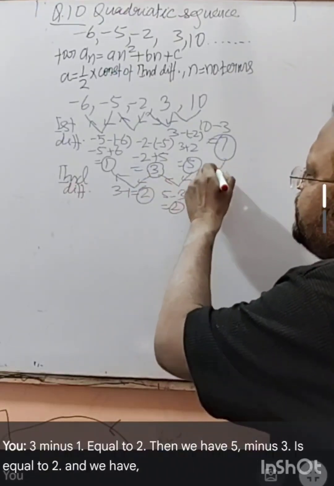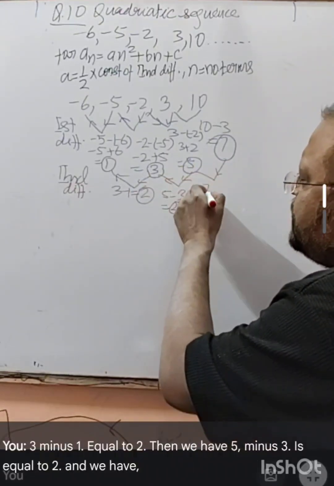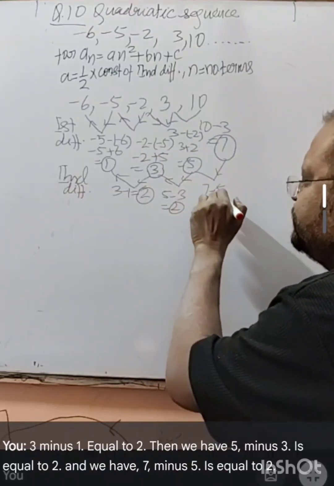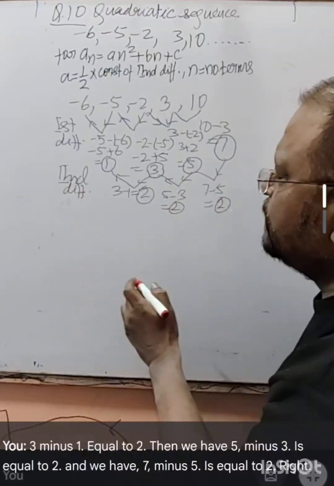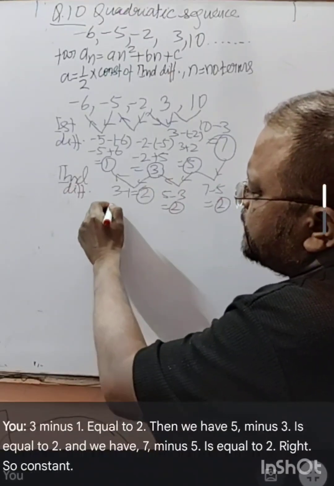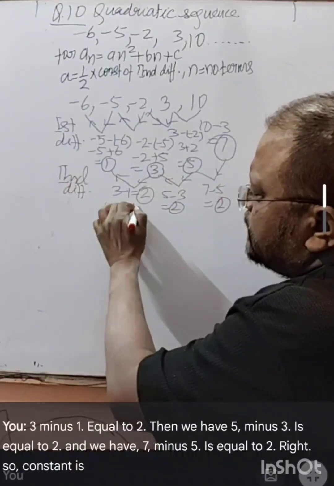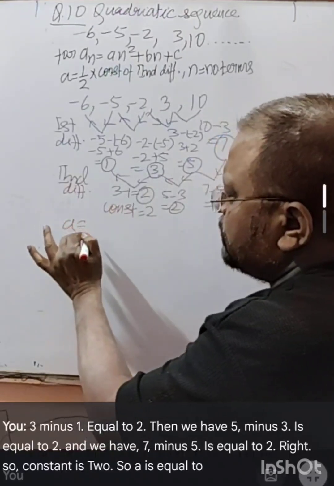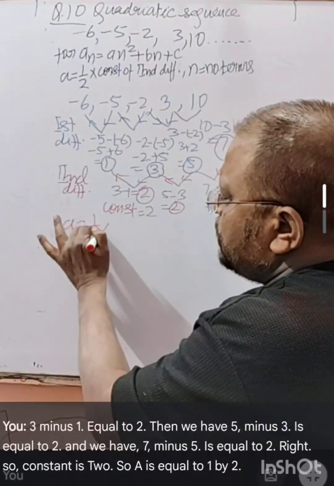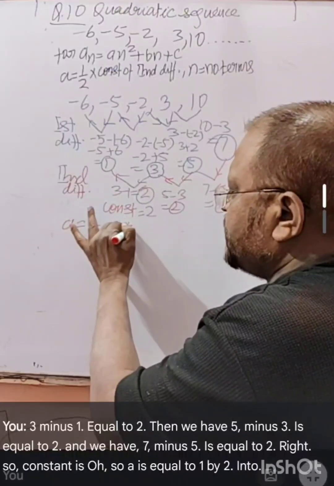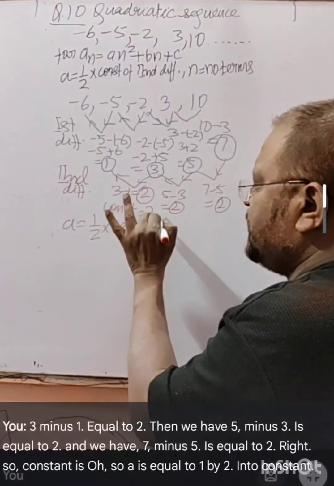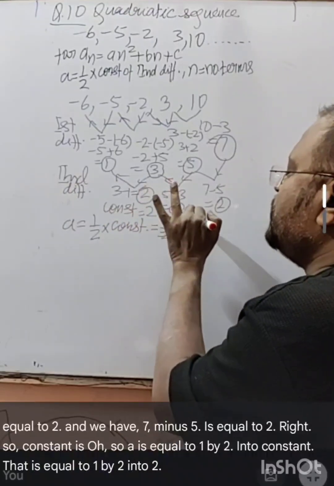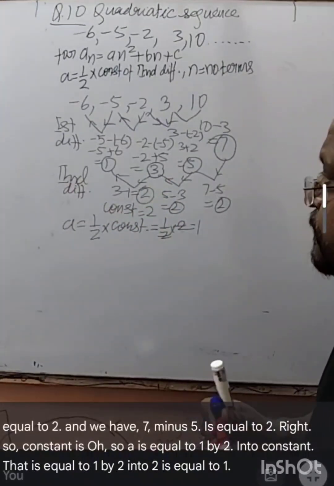And we have 7 minus 5 is equal to 2. Right? So the constant is 2. So a is equal to 1 by 2 into constant, that is equal to 1 by 2 into 2 is equal to 1. Right?